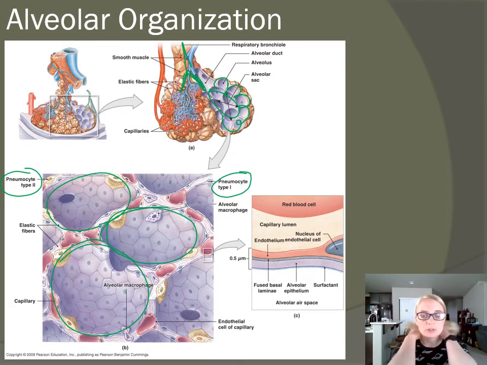So we've got to do a little bit of biochemistry or some kind of general chemistry. If you remember hydrogen bonds, right? So hydrogen bonds are when you have water, think of water, surface tension, cohesion, adhesion. When you have an alveolus that is lined with water, because it's tissue, it's got interstitial fluid, it's wet.